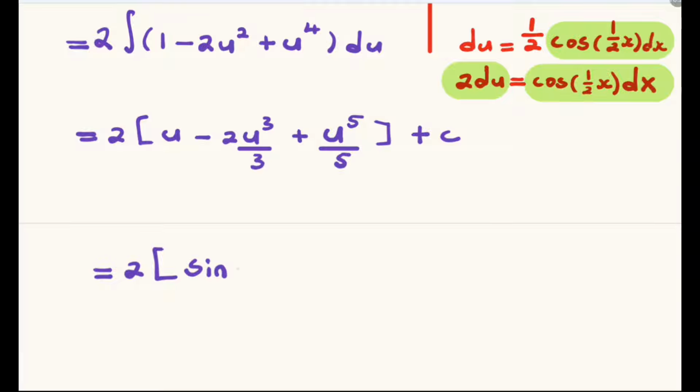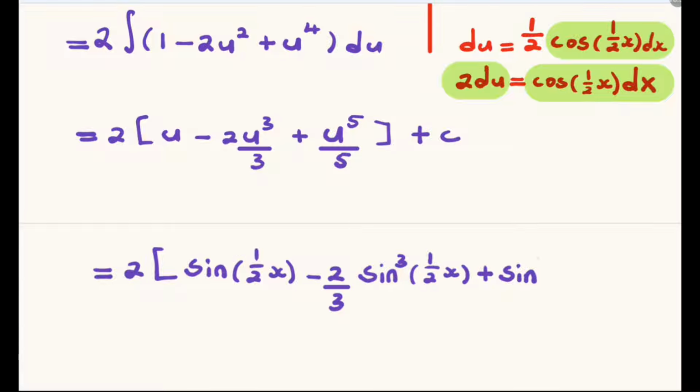So we have the sine of half of x minus 2 divided by 3 multiplied by the sine cube of half times x, plus the sine power 5 of half of x divided by 5, plus our constant c.